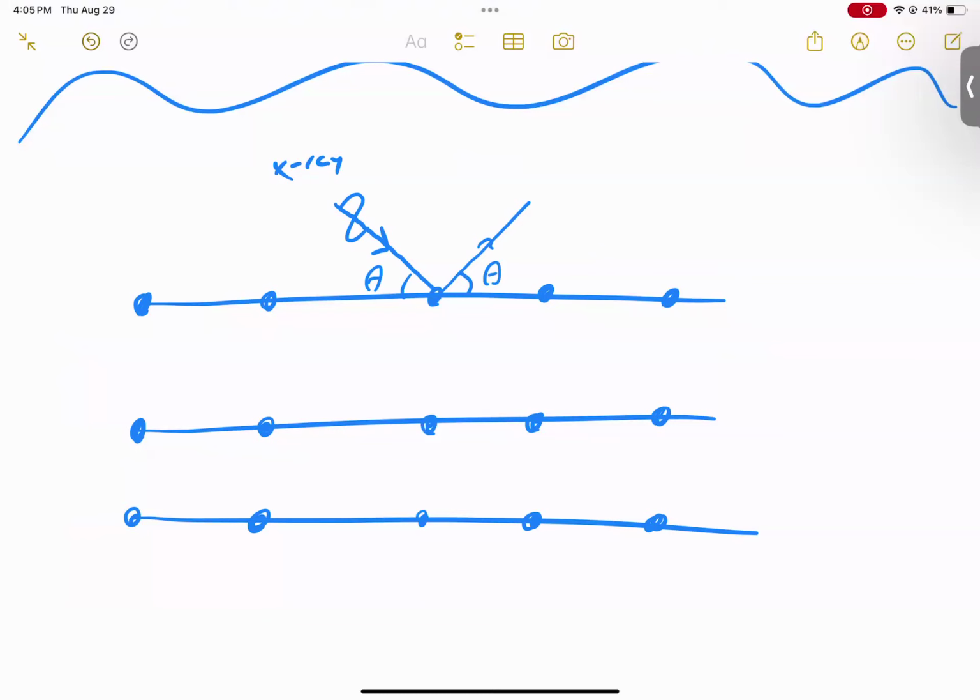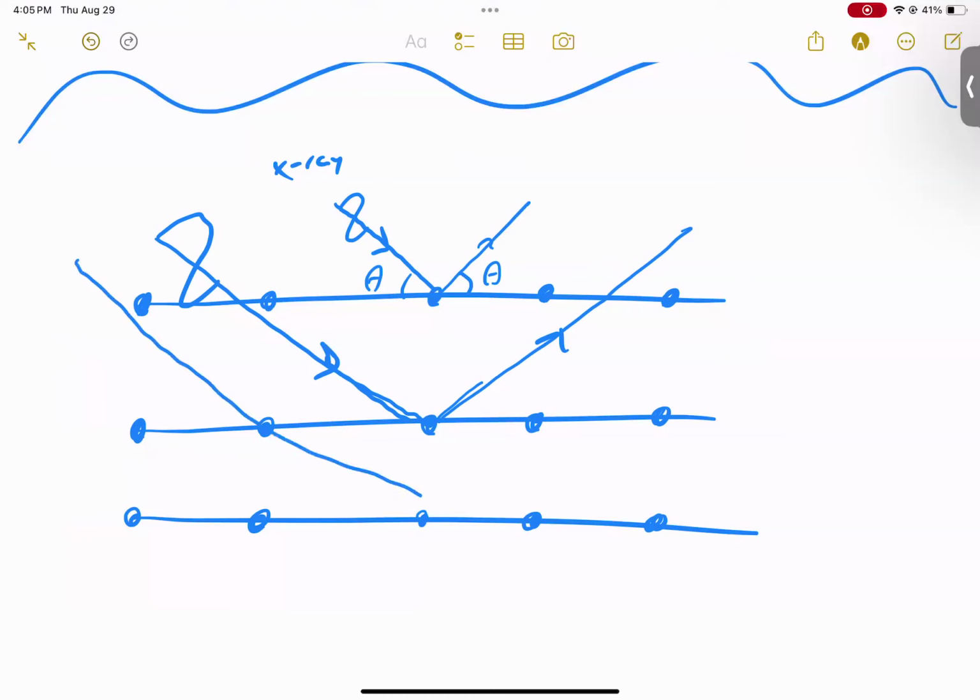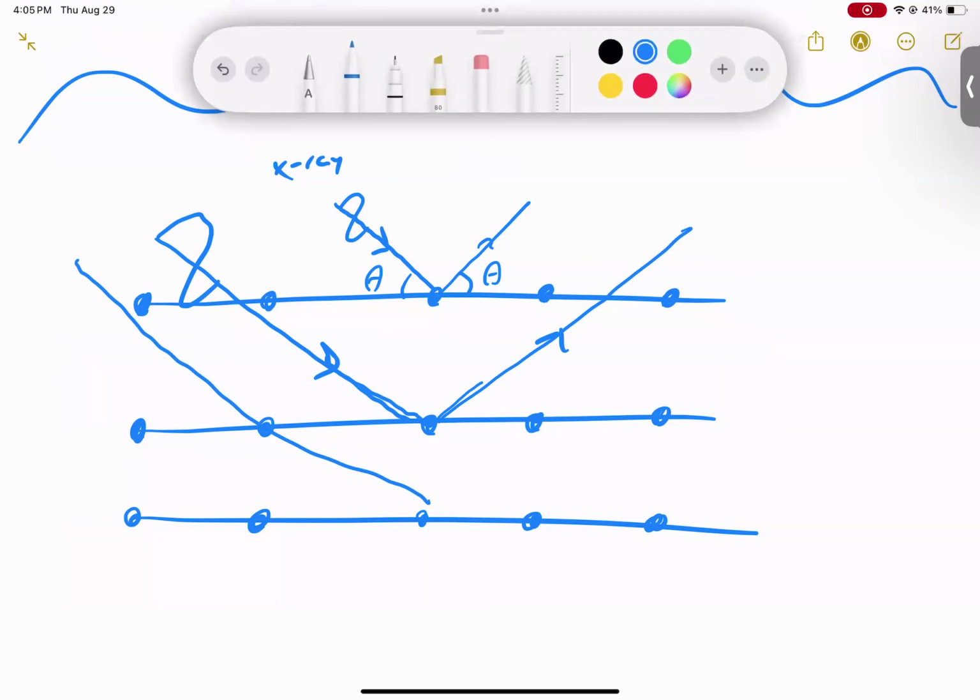And then we have another wave coming in this way. And again, specular reflection will kick in, and it'll come out this way. And then we have another one over here. Specular, no, that's not right. I could do that a lot better.